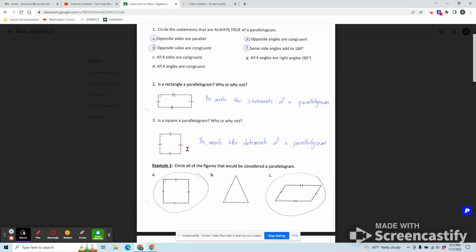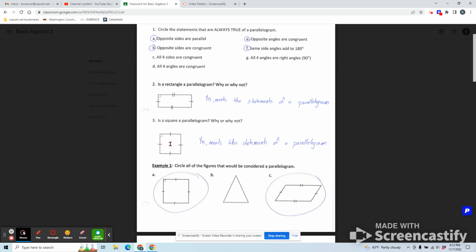You may be thinking, well, how is this a parallelogram? It's a square. Well, a square has all of those properties of a parallelogram and a rectangle. You may or may not remember that, but that's okay. So think about automobiles. There's a lot of different automobiles out there.